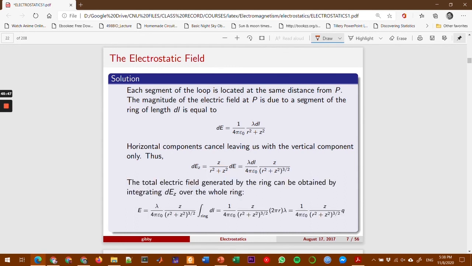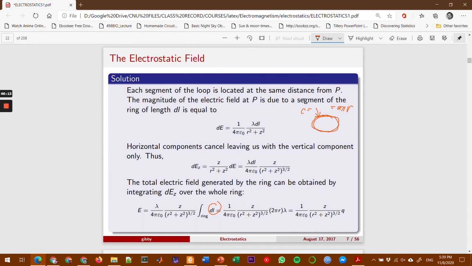So the total electric field generated by the ring can be obtained by integrating dEz over this one, where dL is just like finding the circumference of that ring, given by 2 pi r.